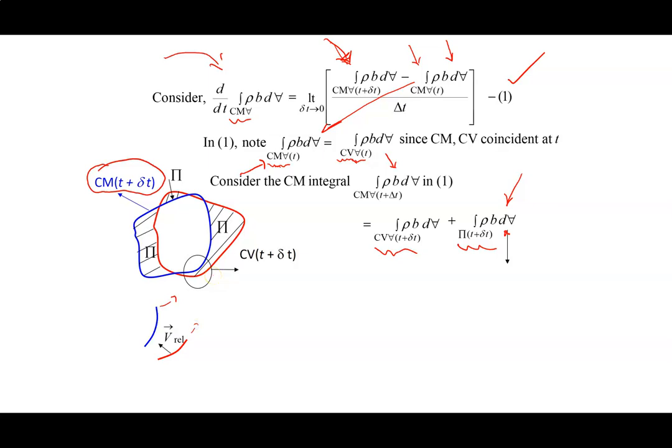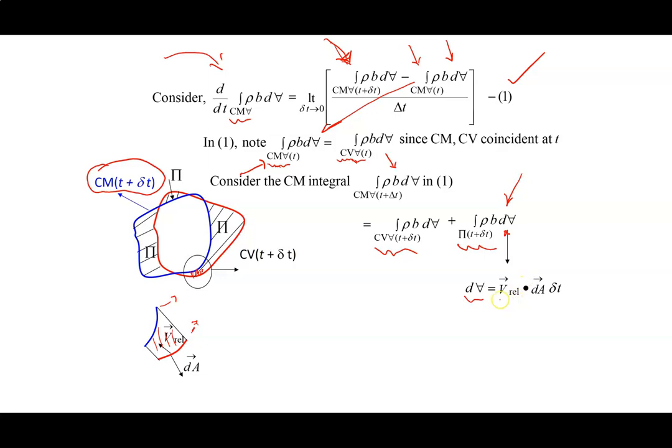Let's imagine that the control volume is moving at a speed vrel relative to the control mass, and that the area vector associated with this is dA. This quantity dV is basically this region right here, region 2. That volume is the volume dV that I'm interested in.